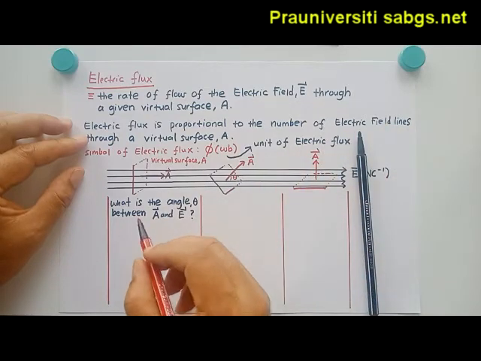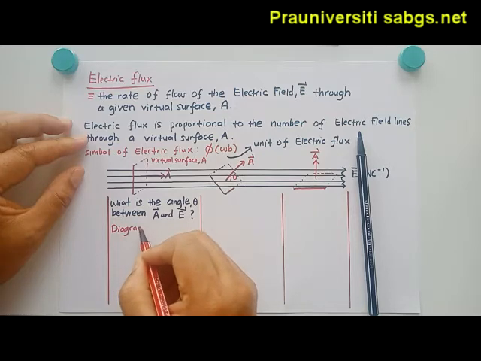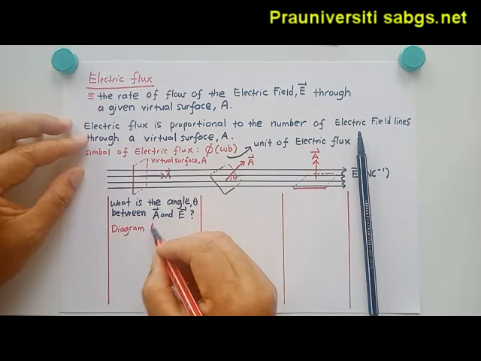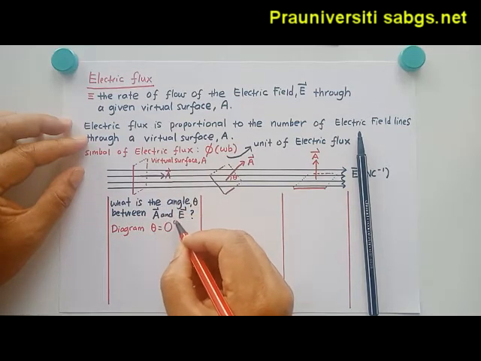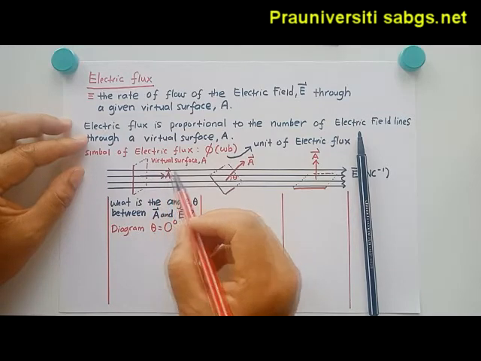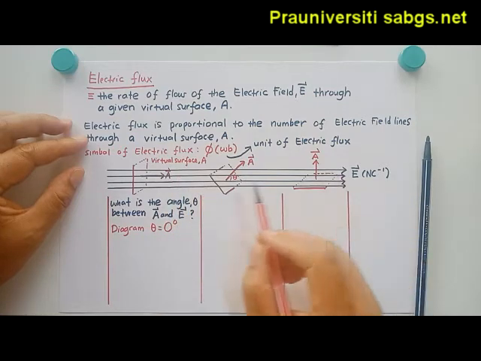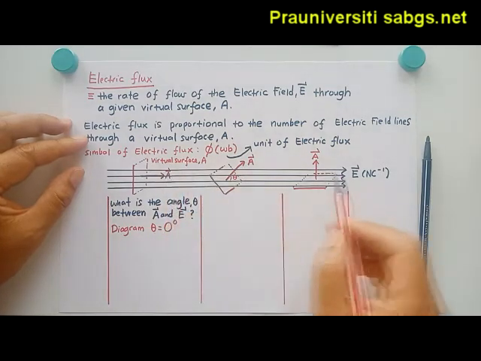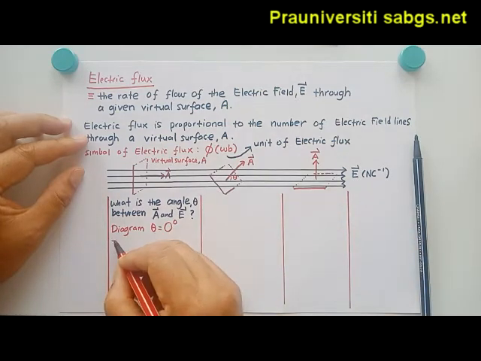From the diagram, theta is equal to 0 degree. Because this one is the vector A, and here is the direction of the vector E. So the angle between A and the vector E is 0 degree. Then we continue.